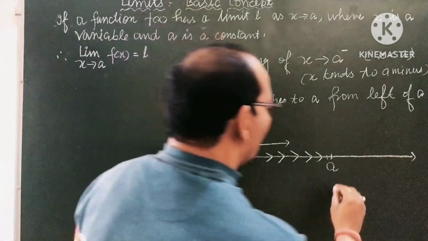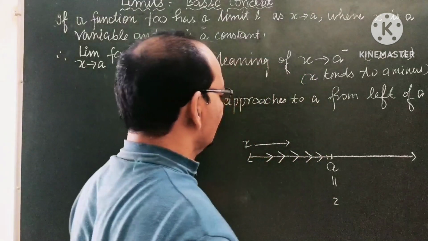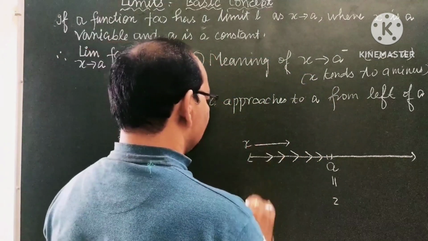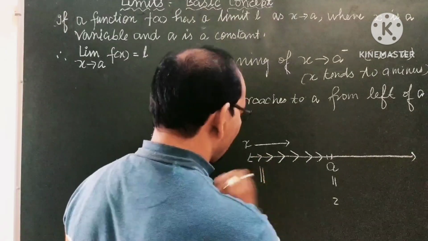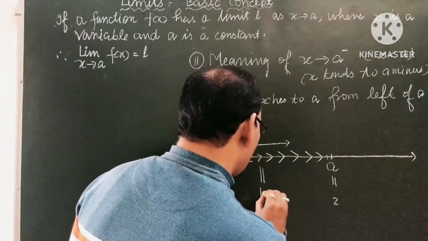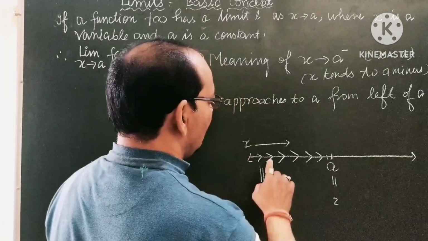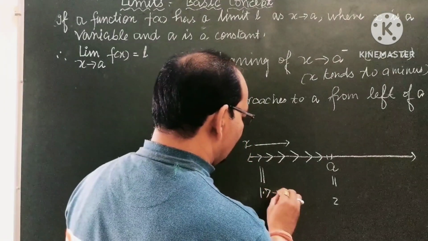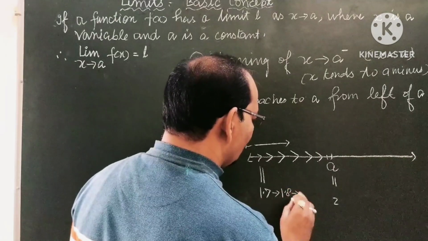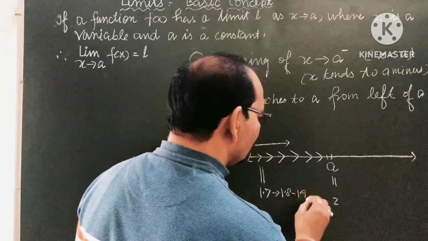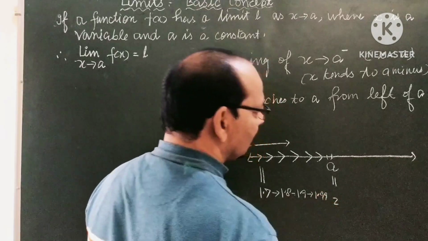If we take the value of a as 2, and x, if here is a point 1.7, after that it will be 1.8, after that 1.9, after that 1.99.